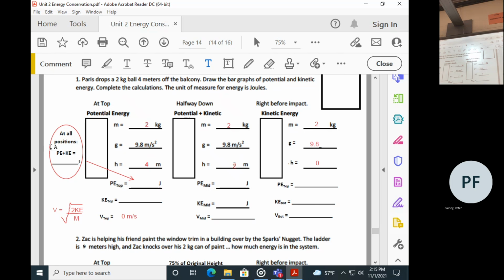How are we doing? Are you getting less than 10 for that answer? And then square root of 78.